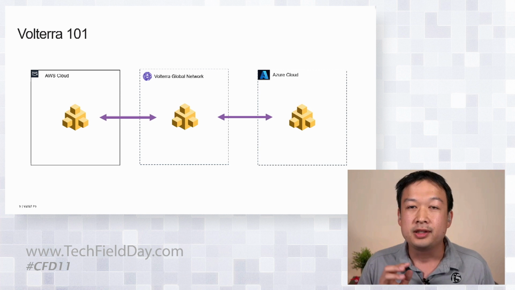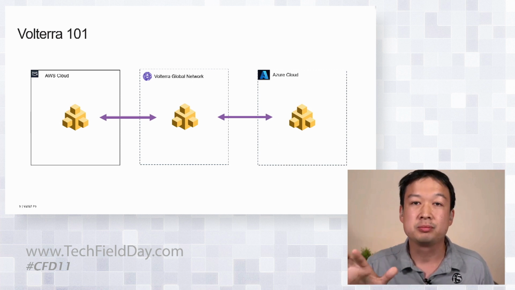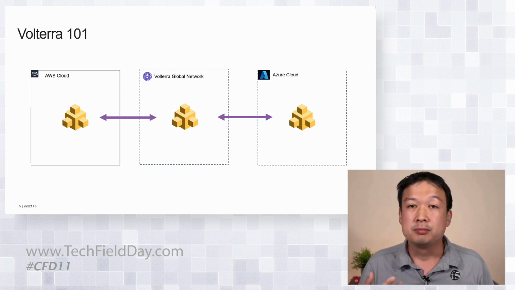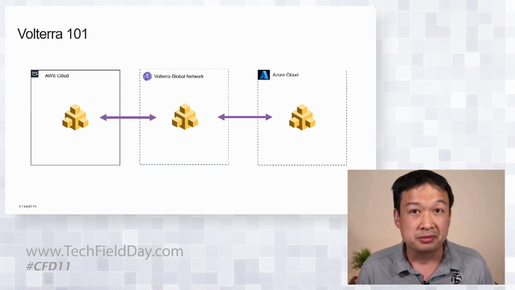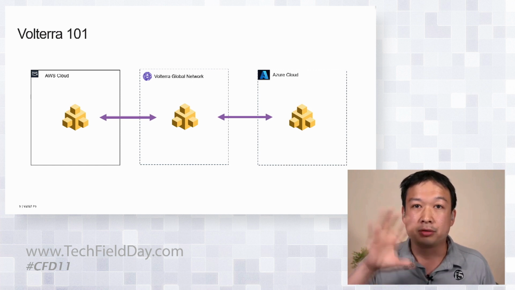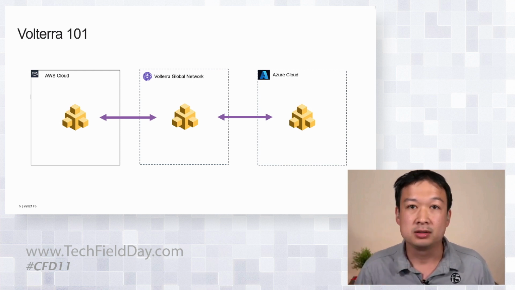So think of the Volterra Global Network, whether it's Equinix or any type of regional provider, it could be a jumping off point into a private network. In many cases, what our customers have found is they have already built their own Equinix type of connections, and I could replace the use of that global network, where maybe you would have a hardware device or virtual machines running in it.